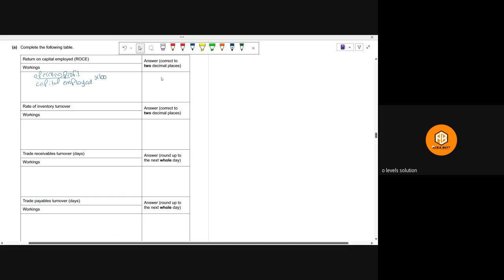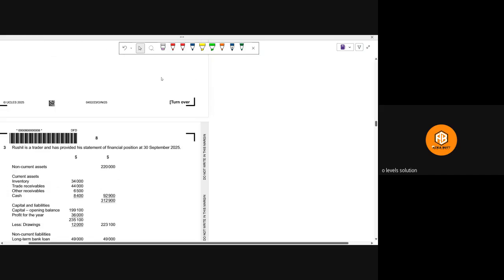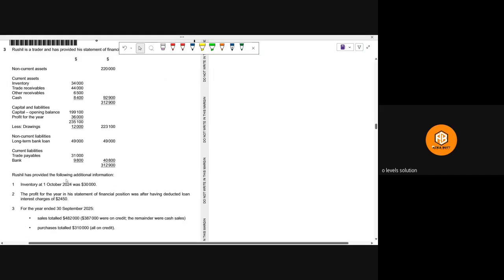So we have to see the profit. The profit for the year in his statement of financial position was after having deducted the loan interest charge of 2450.